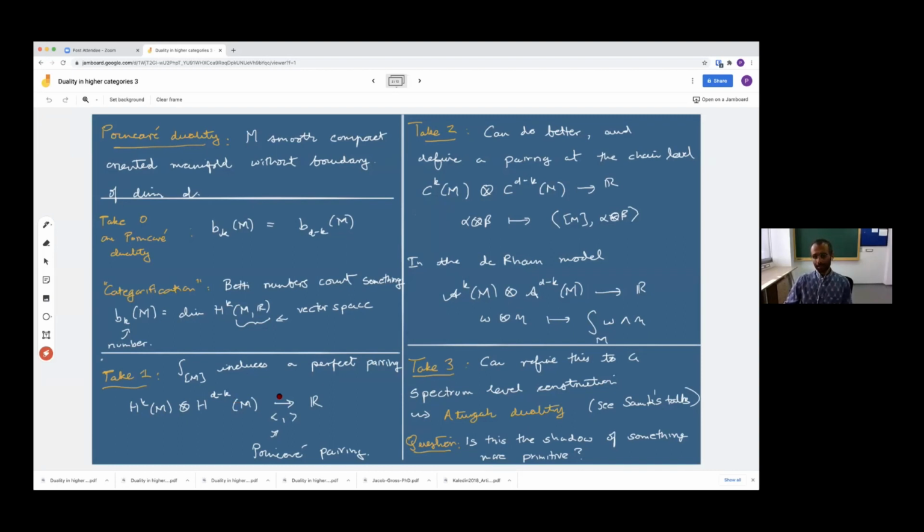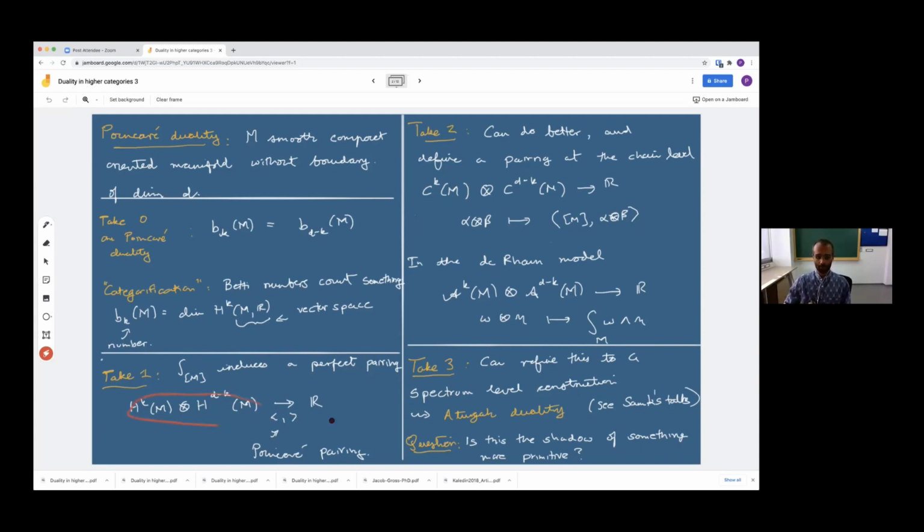Now, this is still deficient in some ways. This is deficient because we're working with cohomology classes, which are equivalence classes of something, and we have identified two cocycles if they're cohomologous, right? So again, you can ask, can I refine this to a statement that actually is a pairing at the level of the cocycles themselves? Again, it's of the same flavor, because here I've declared two things to be equal.